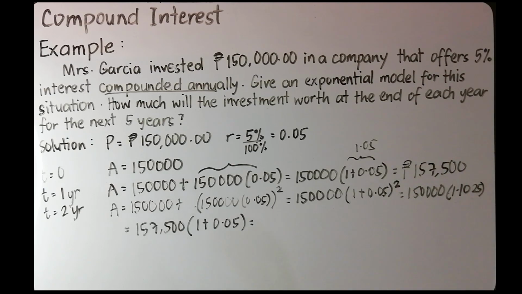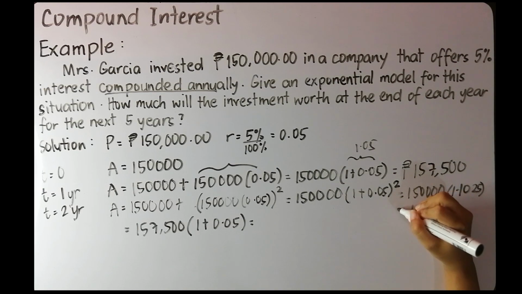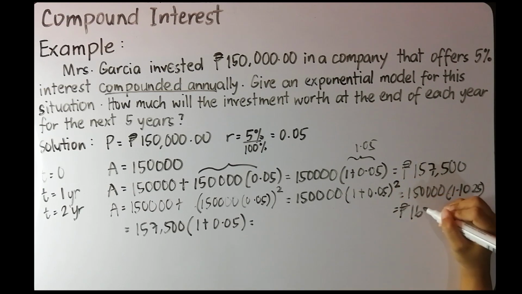When we multiply that by 150,000, that is equivalent to 165,375.